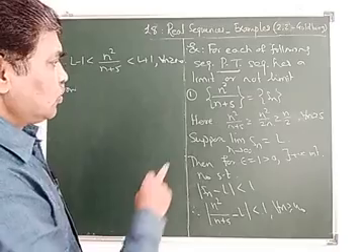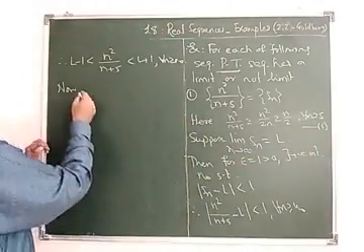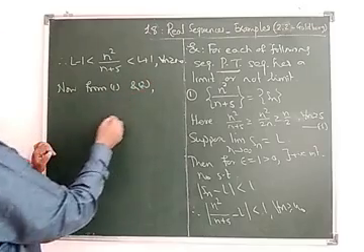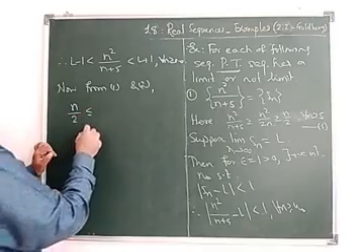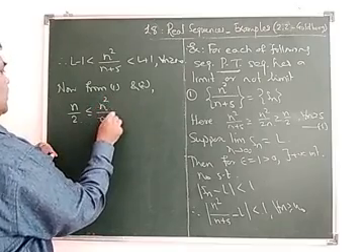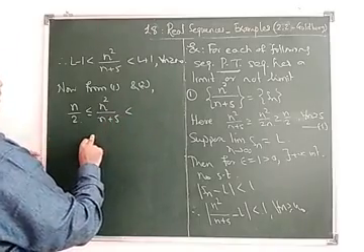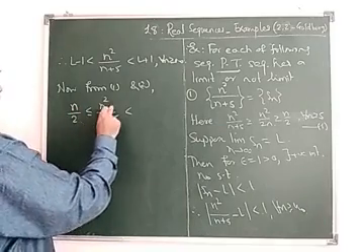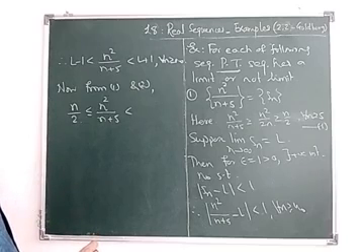Okay, so from 1 and 2, n upon 2 is less than n square upon n plus 5, which is less than, this will become n square plus 5n, and this is 2 times n square.